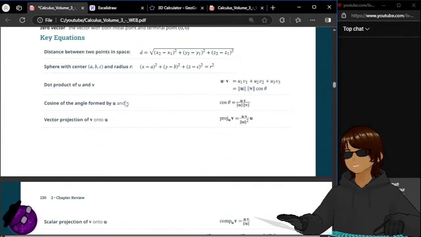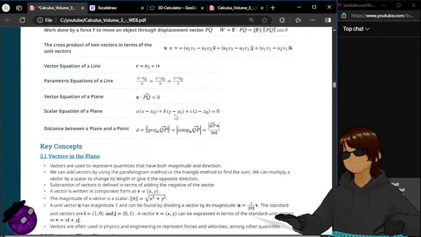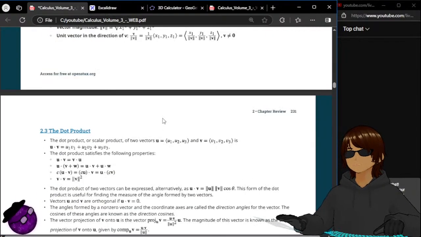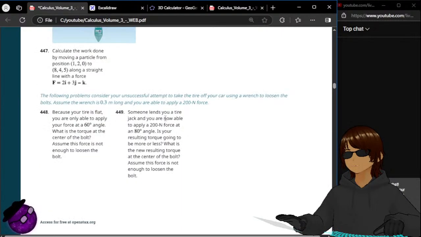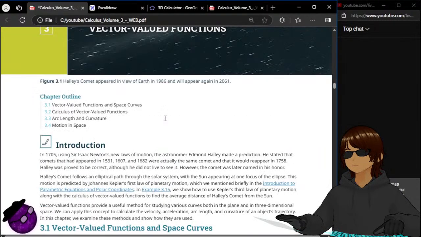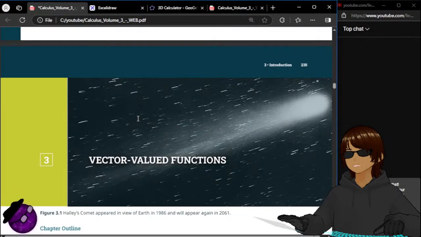Okay, that's the end of the chapter. These two chapters were very different from vectors. I thought they would relate to vectors over here. I think I should just do vector valued functions and curve spaces.